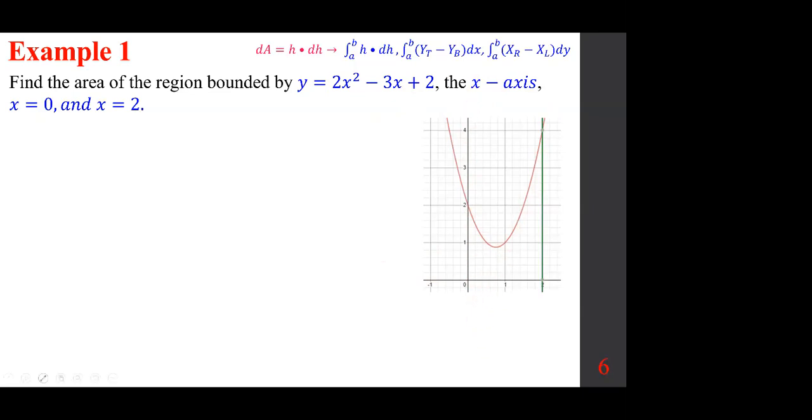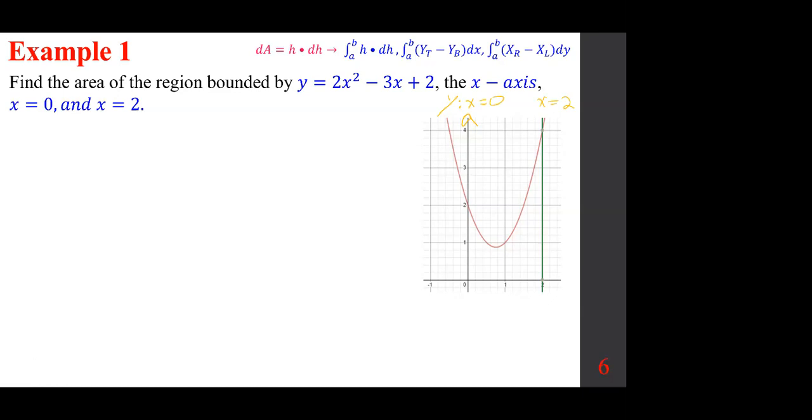Let's just write all of them. So class, let me just write. The y-axis has the equation x equal to 0. This green line, vertical line, x equals 2.